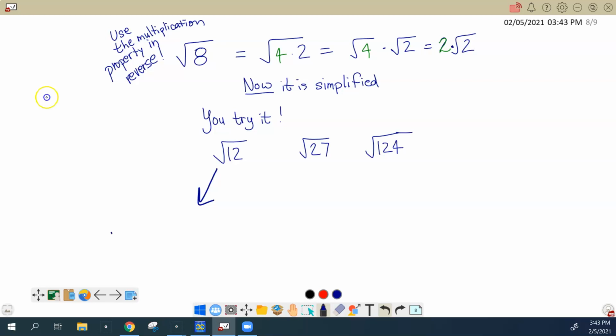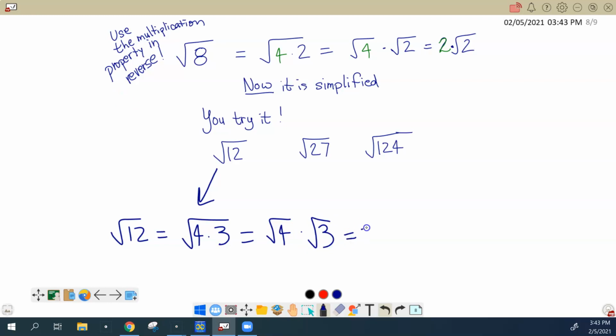So the square root of 12 is equivalent to the square root of 4 times 3, which is equivalent to the square root of 4 times the square root of 3, which is equivalent to 2 root 3. That is simplest form.